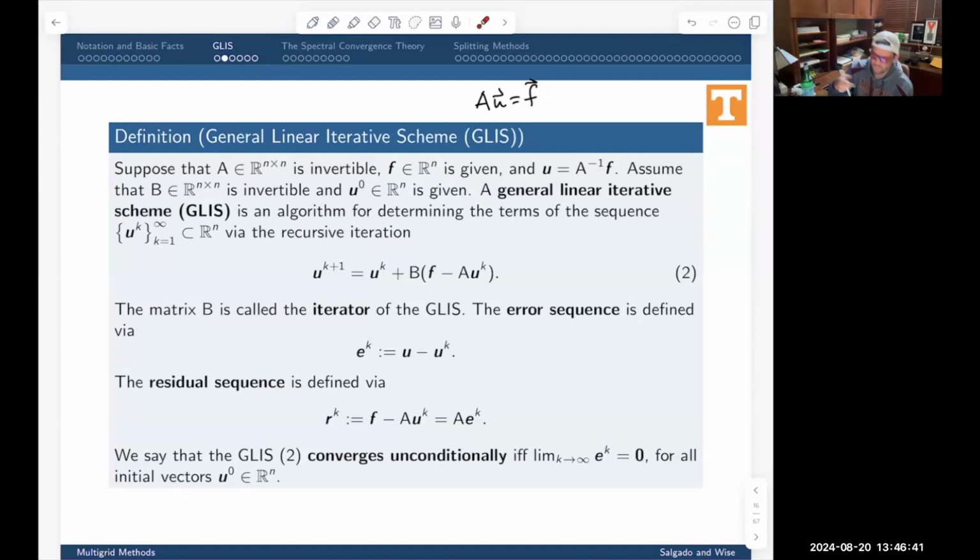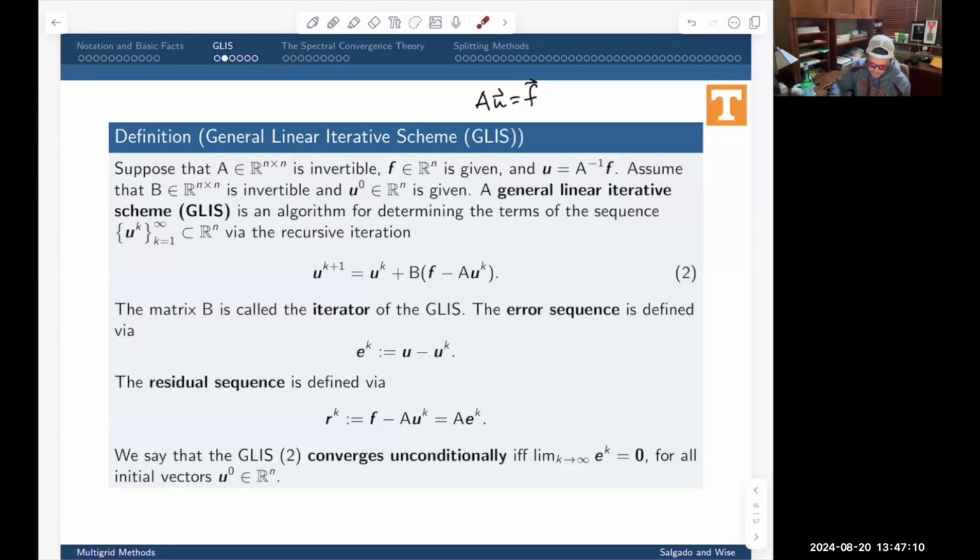But here, there's no time involved in any of these problems that we're solving. We're thinking about solving things like Poisson's equation, and so there's no time variable at all to be found. So we're safe in using a superscript as another kind of index. And the other kind of index is going to be the index in a sequence. Okay, so that's always going to be the case. The superscript means sequential index.